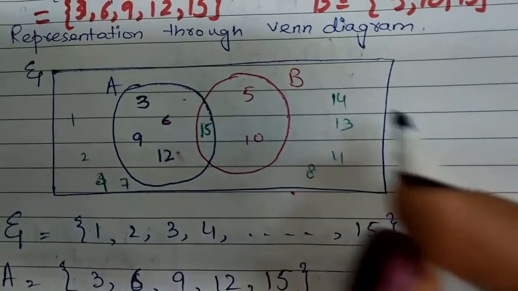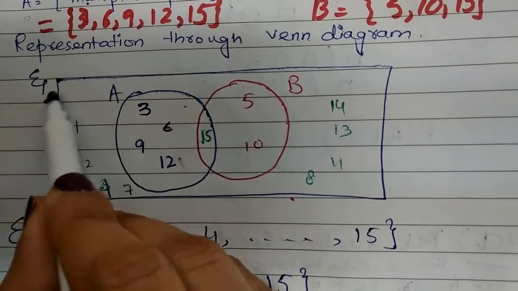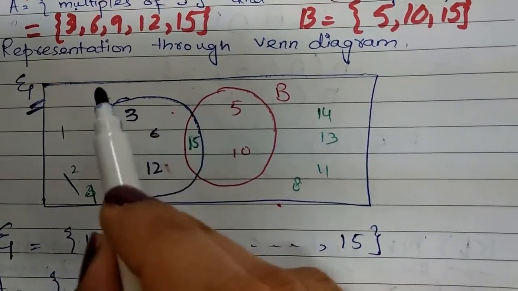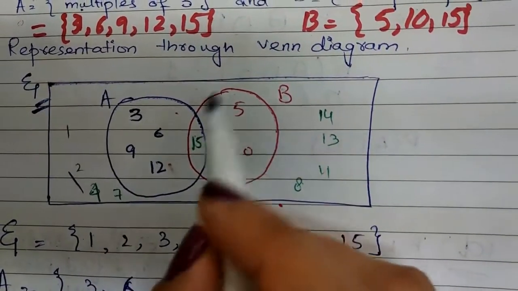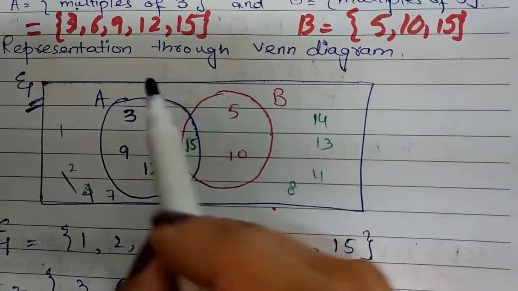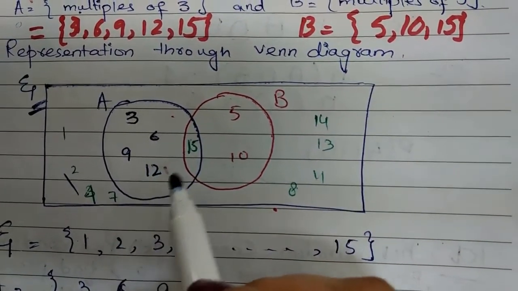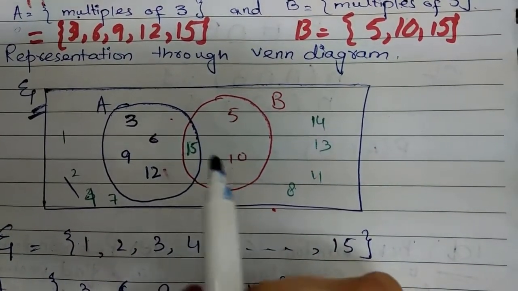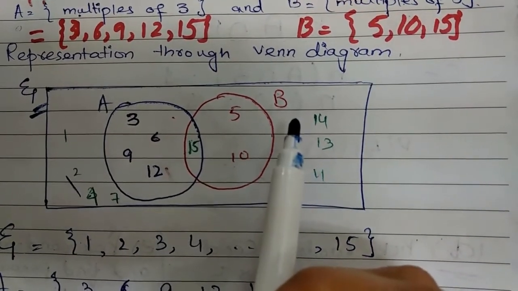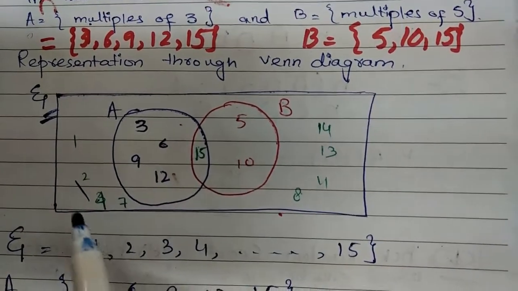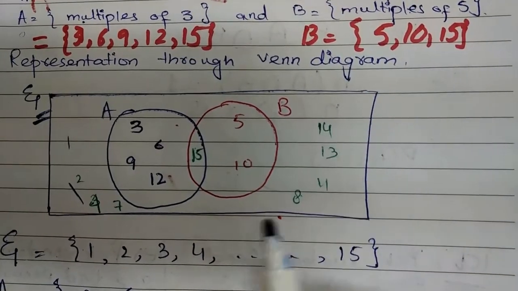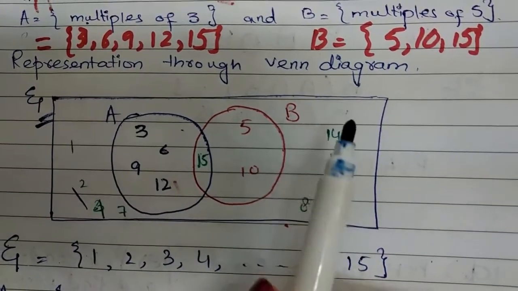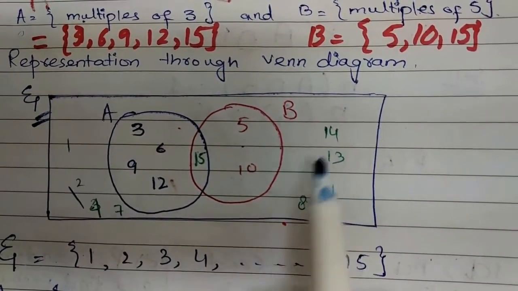I have drawn epsilon as the square box, and the circles represent set A and set B. I have represented set A in blue and set B in red. Look, 3, 6, 9, 12 and 15 are from set A and 5, 10, 15 are from set B. All the rest of the numbers are excluded from these two circles because they are not in set A or set B; they are only in the universal set.